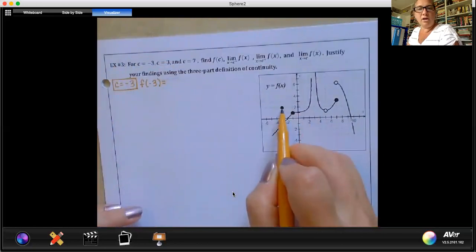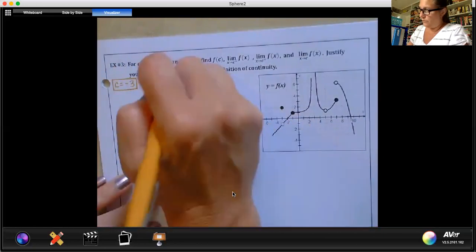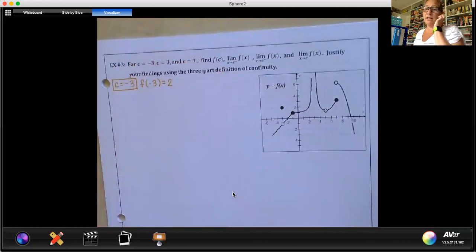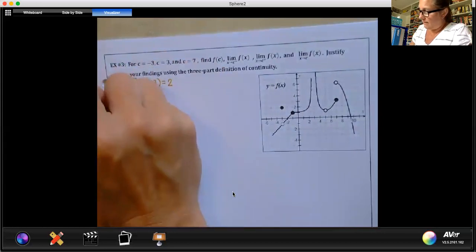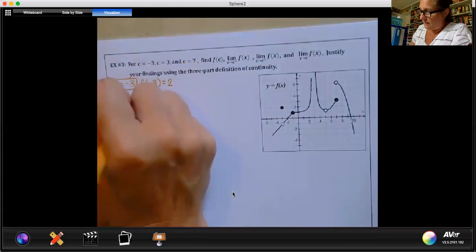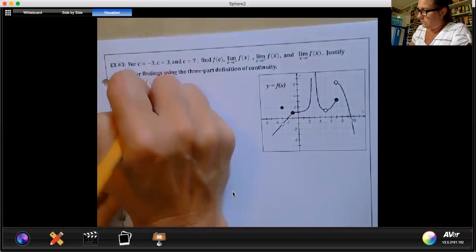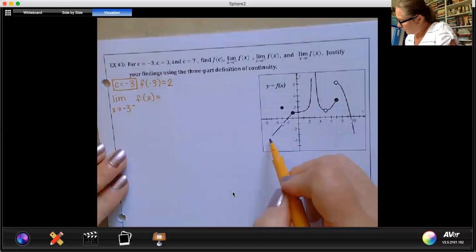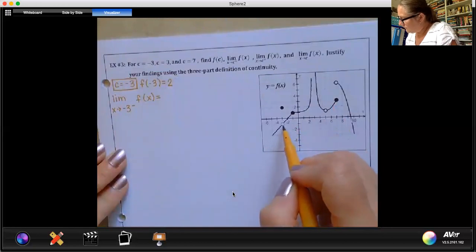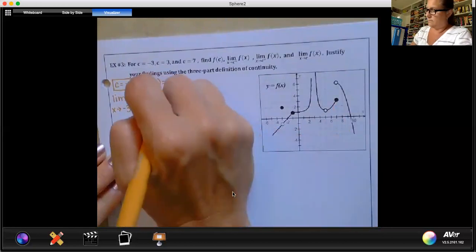-3 has a closed circle when y is 2. So we have a defined point. So far, so good. Now we're going to find the limit as x approaches -3 from the left of our function. -3 from the left is -1.